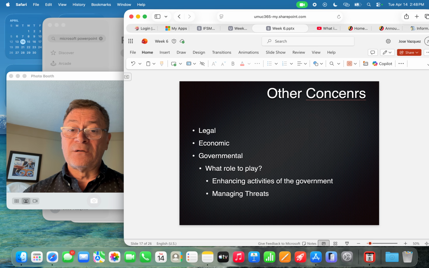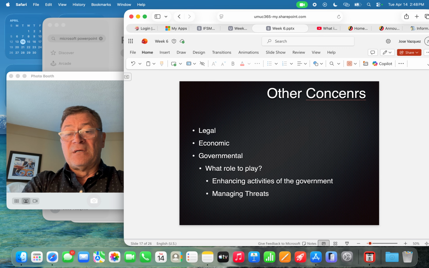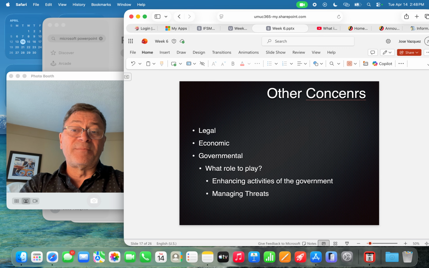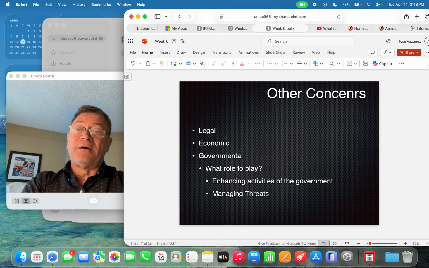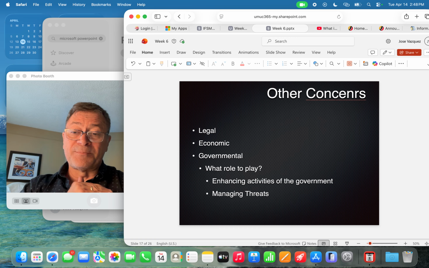Other concerns: legal, economic, government. It seems like in the IT world, government is more, not less. So there's a lot of things that you may not be allowed to do, especially if you're in a nonprofit, the government, or commercial. Commercial seems to have more latitude, but still, there's the protection of PII, health records, all that kind of stuff.